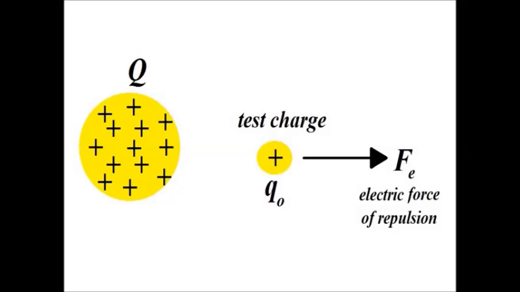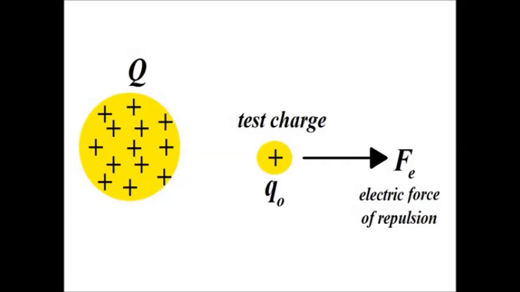Now as both these charges are positive, this large positive charge will exert a repulsive force on this small positive test charge and try to push it away from itself. Let that force of repulsion be denoted as F subscript E, the electric force of repulsion.